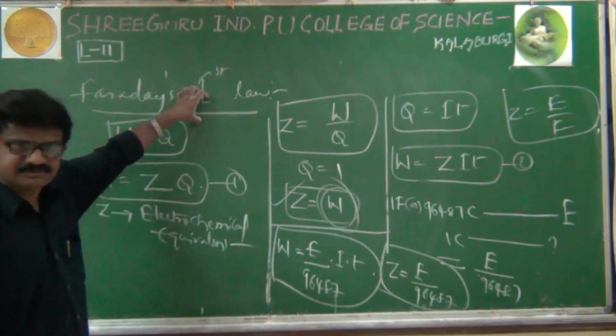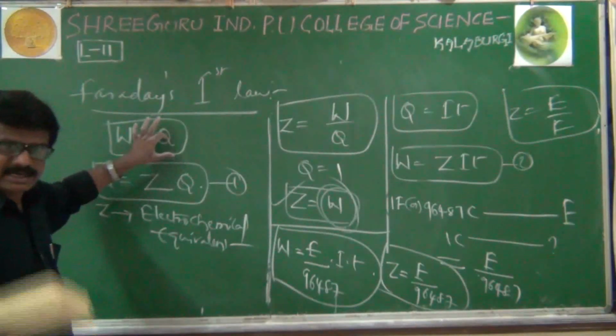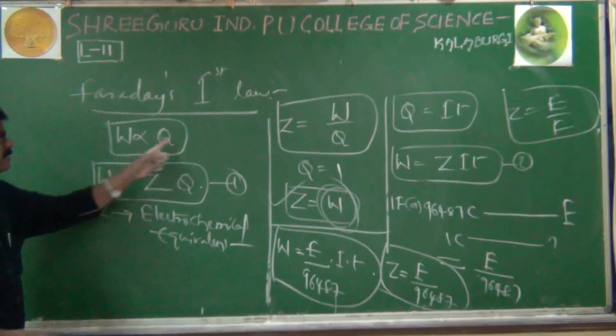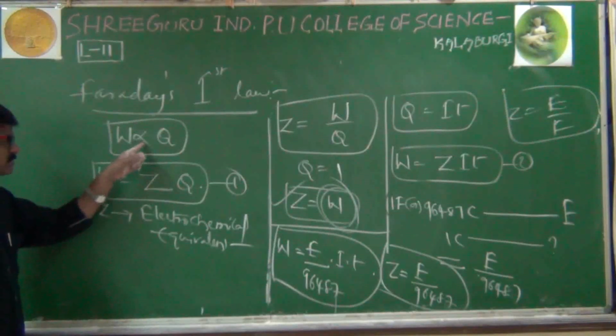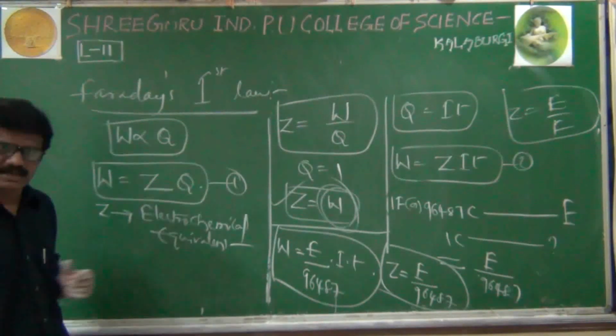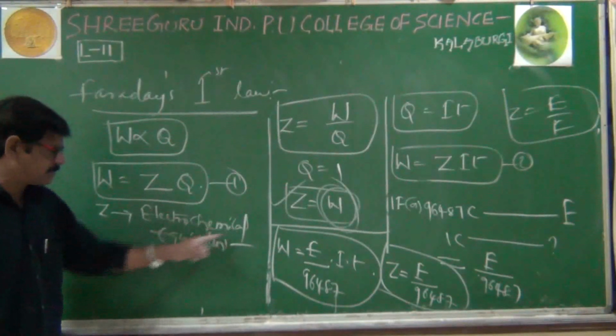We'll see once again. According to Faraday's first law, if you send more current, more substance is deposited, therefore W is proportional to Q. If you remove the proportional symbol, you write a constant: W equal to ZQ. Say equation 1, Z is electrochemical equivalent.